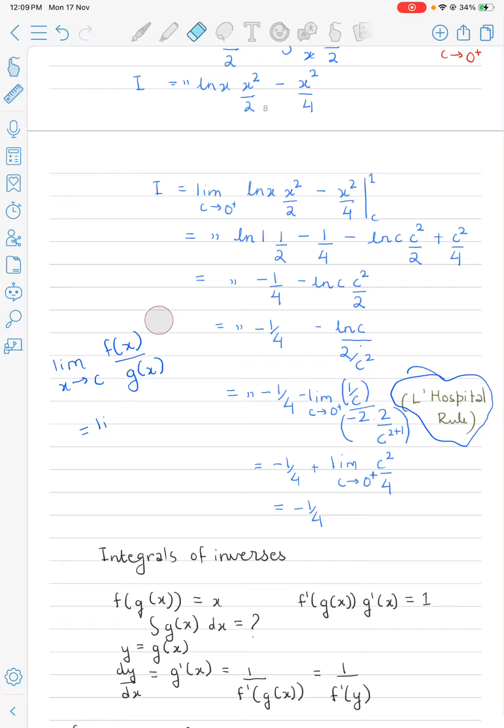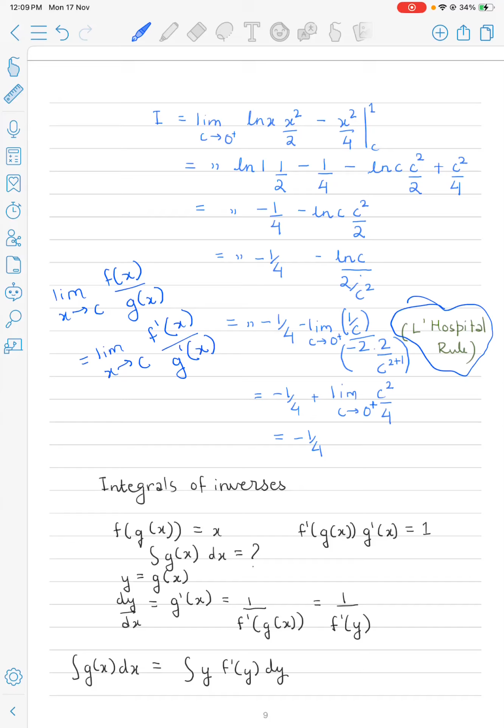This one is 0 by 0, or infinity by infinity. Then we check if we can handle this using some other way, and we actually do this. This is loosely L'Hospital rule.